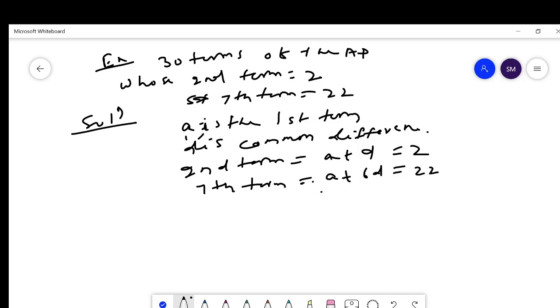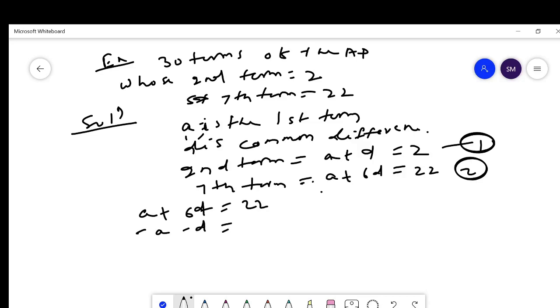Then subtract the first equation from the second, we get a plus 6d minus a minus d is equal to 22 minus 2, then we get 5d is equal to 20, d is equal to 4.